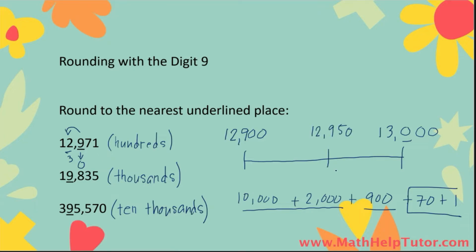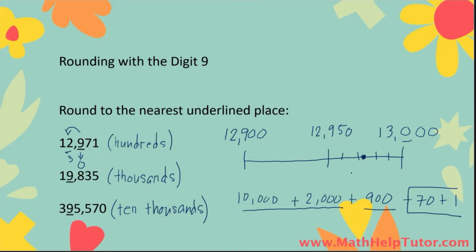and that value is 12,950. Next, we look for our number in this number line. So we have 12,971. If we have, let's say, increments of 10, this is 60, 70, 80, 90, and we have 13,000. So this is 12,960, 970, this is 980. So our number has to be between 970 and 980.